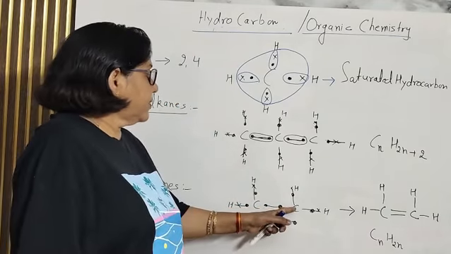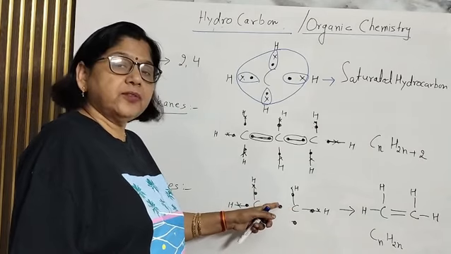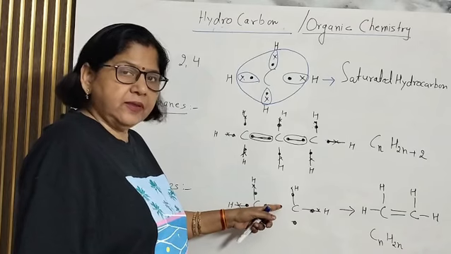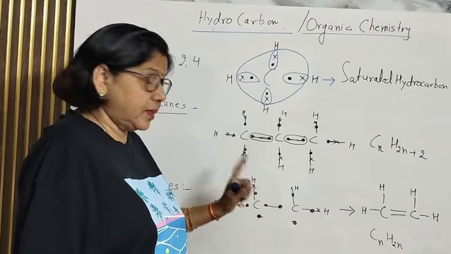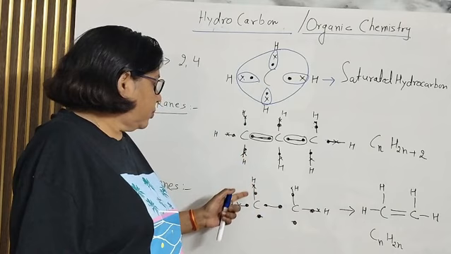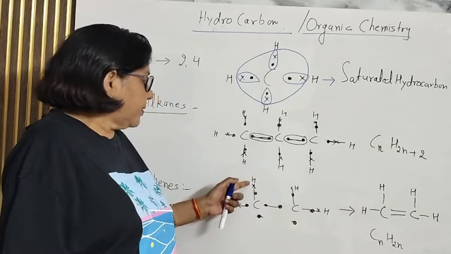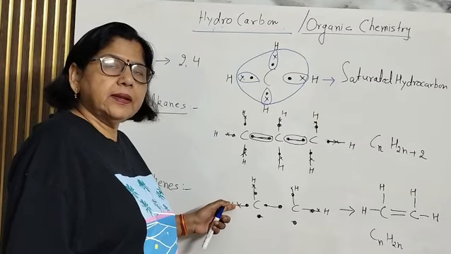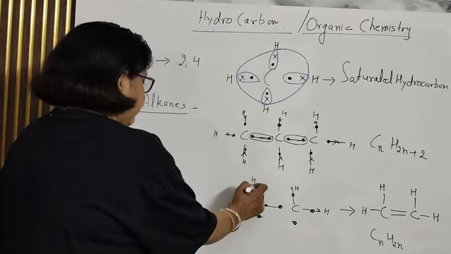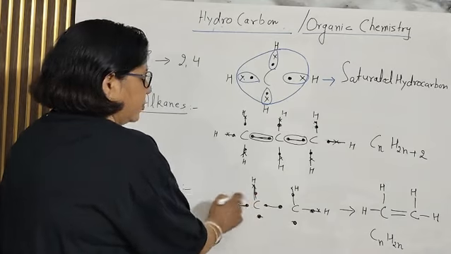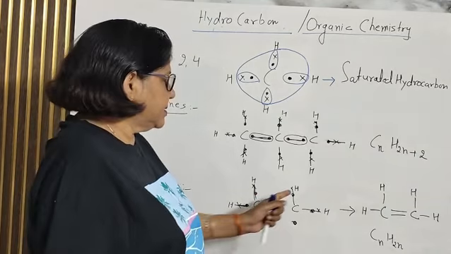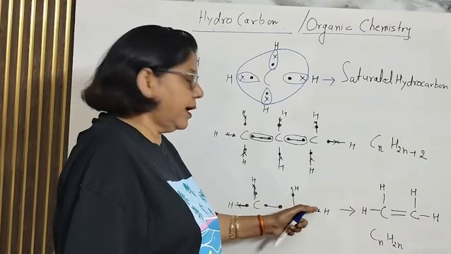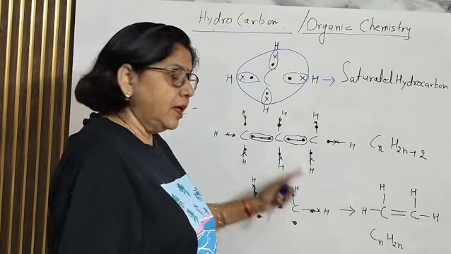Now these 2 electrons of these 2 carbon atoms share with each other and form a covalent bond. Now these 2 hydrogen atoms also share with one electron of the carbon atom and result in the formation of a single covalent bond. Same here, there is a single covalent bond between carbon and hydrogen.